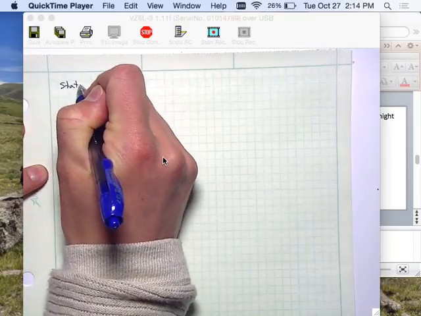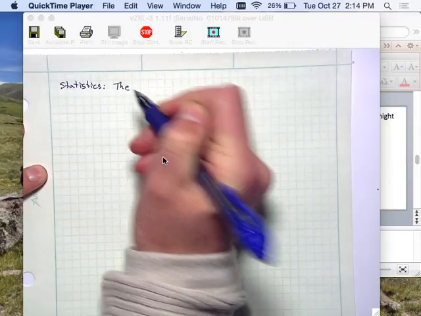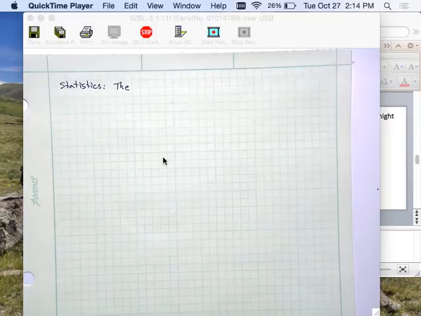Statistics is the study, collection, organization, analysis, interpretation, and presentation of data.